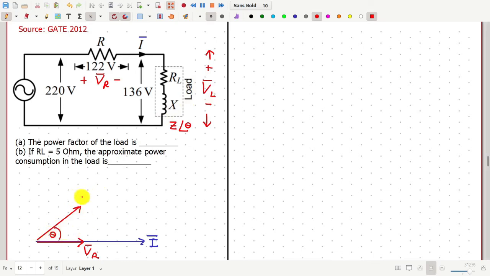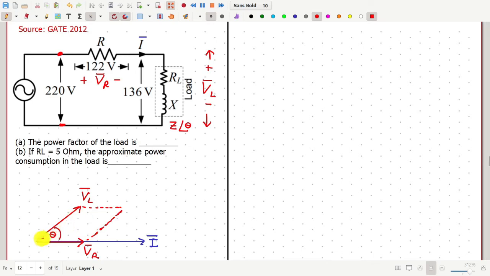So this is VL bar, and then this voltage from here to here, that is equal to the source voltage, will be the sum of VL and VR.